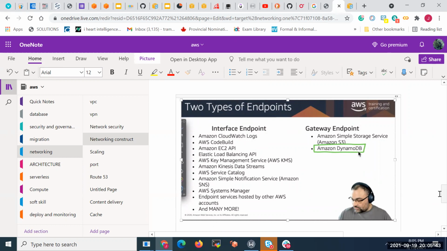When you see a question where you're sure you need to use the VPC endpoint, remember this well. The gateway endpoint now only needs DynamoDB. S3 is global already, so you don't need to use a gateway endpoint for that. So the only service that requires it is DynamoDB. For anything else besides DynamoDB, you need to remember the interface endpoint.